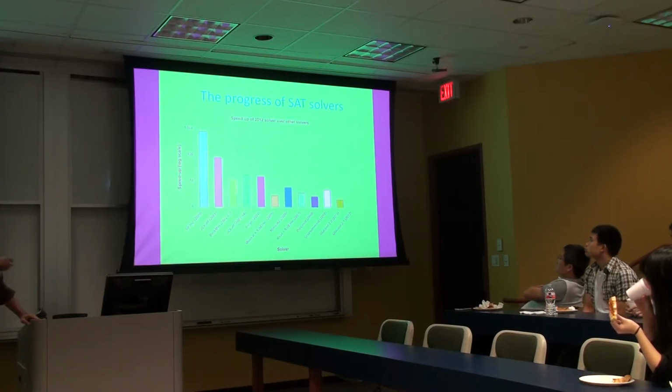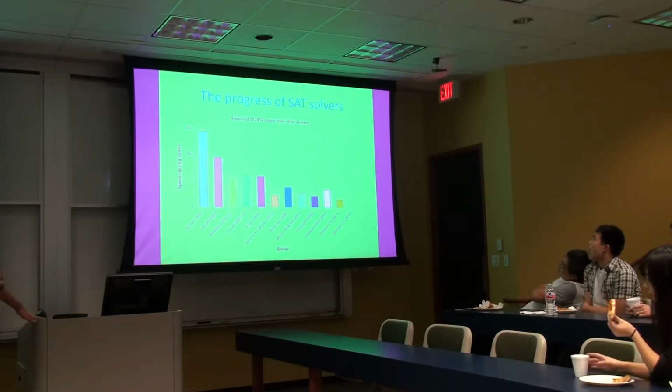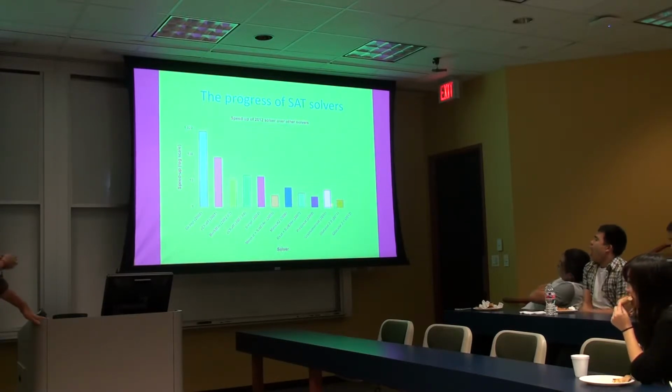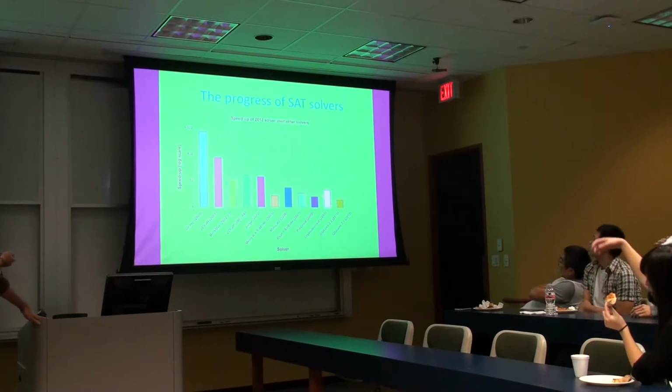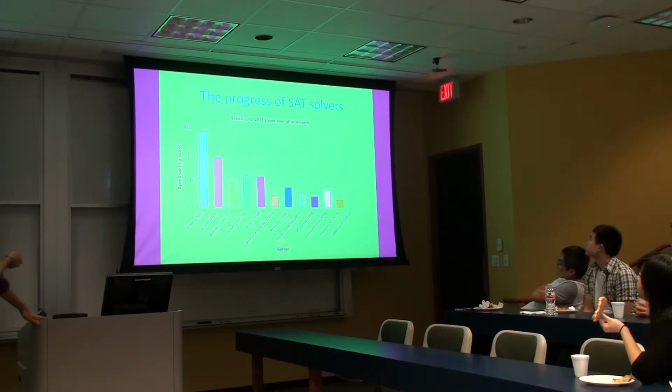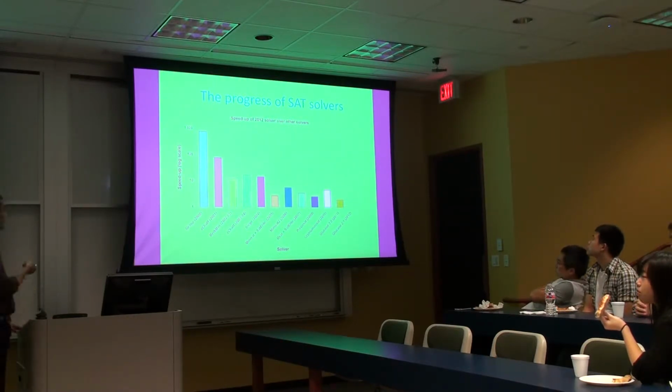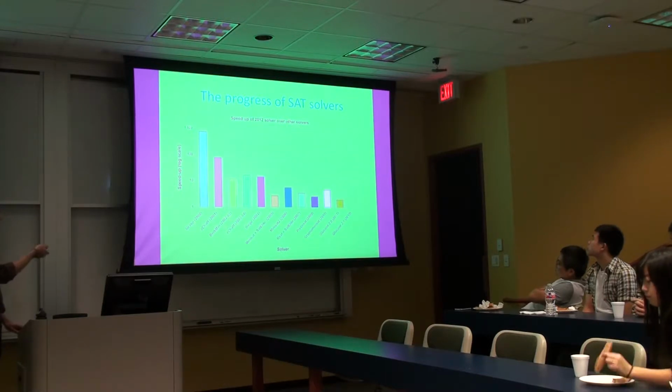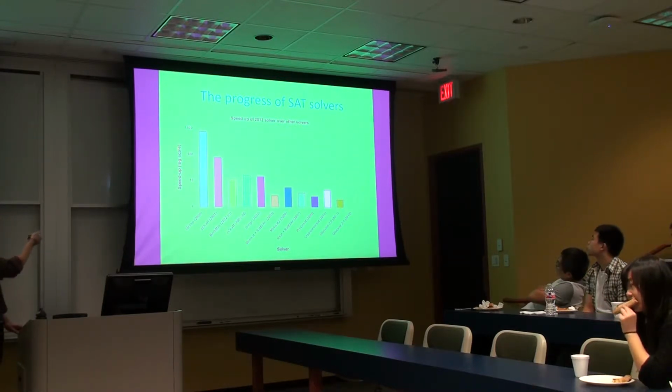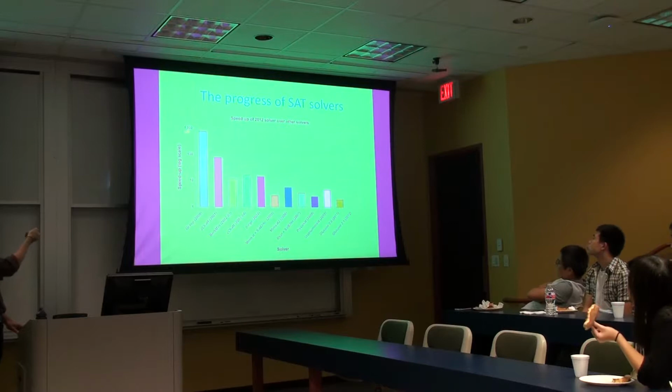To see how good the progress has been, I just grabbed a graph depicting the progress of SAT solvers. On the x-axis, the SAT solvers are listed by year. There's a SAT competition among different SAT solvers, and it lists the winners every year. On the y-axis is the speedup on a log scale.